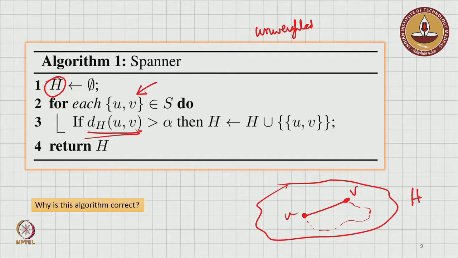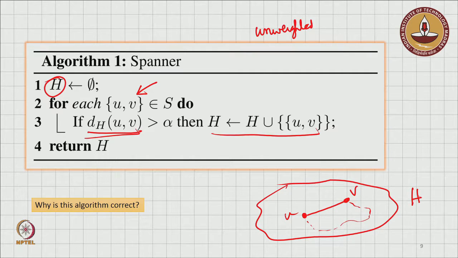Because this means you have to add this edge UV if this condition holds. If this condition holds and we did not add UV, then we are immediately violating the alpha spanner condition. Okay, so that's why we must add UV.